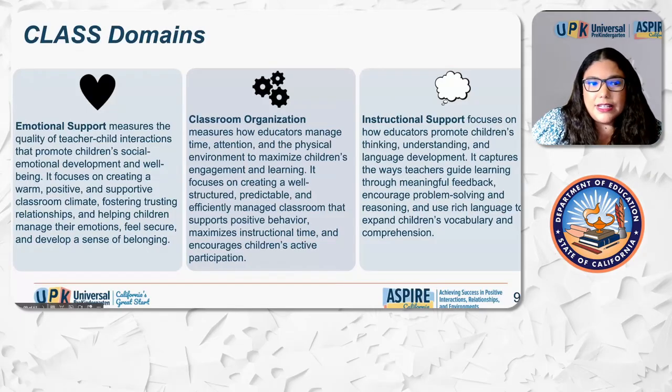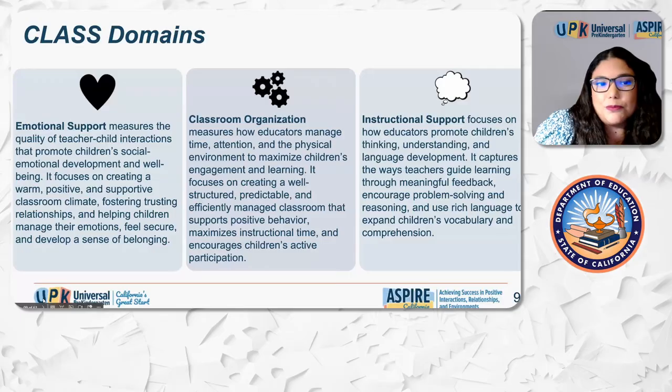It's all about creating a sense of belonging where children feel safe, valued, and understood. And as we know, when children experience those strong emotional supports, they're more likely to take risks in their learning and engage deeply in the classroom community. And we have our symbol of the heart that helps support that emotional support in the classroom.